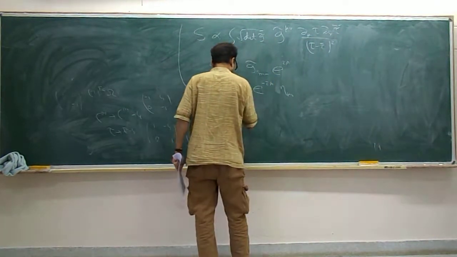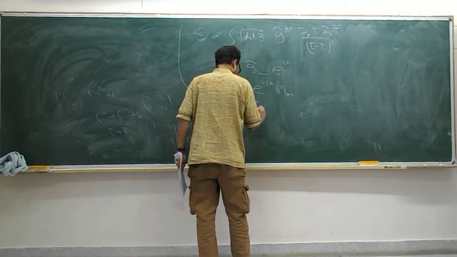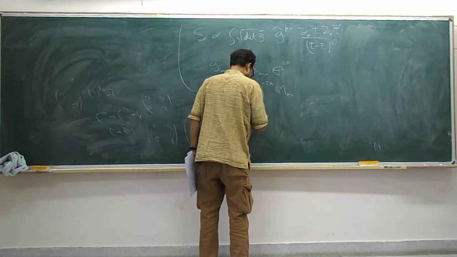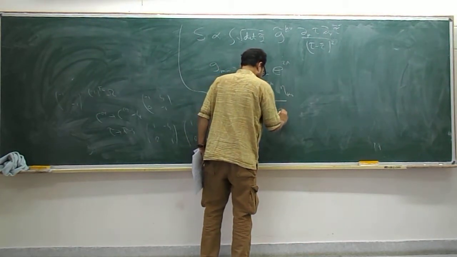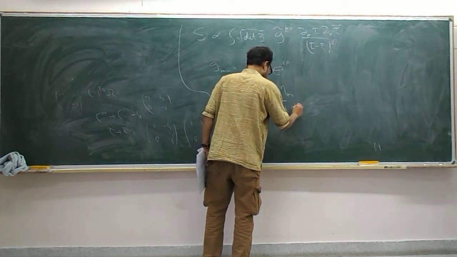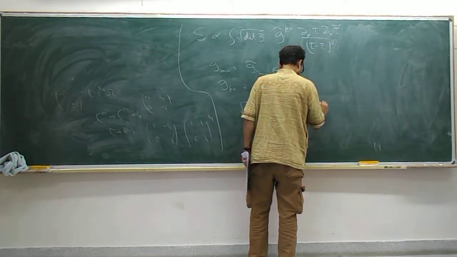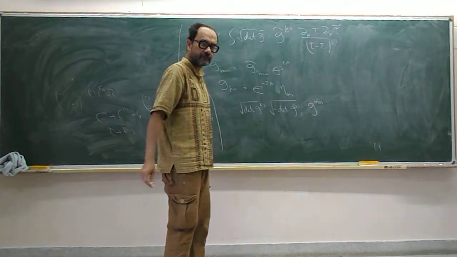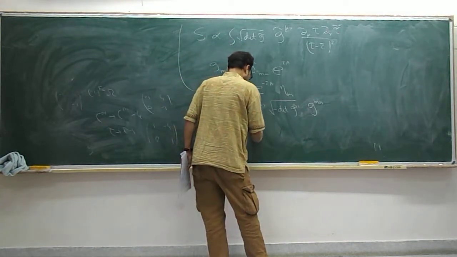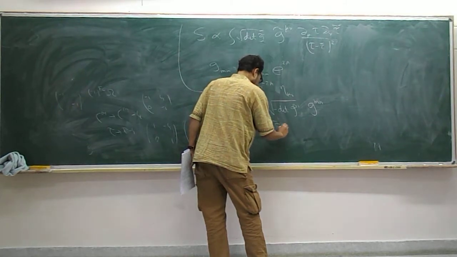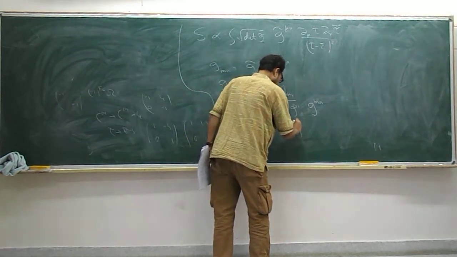So square root of minus determinant G4 times G mn, this is the same as square root of determinant G tilde 6 times G tilde mn.